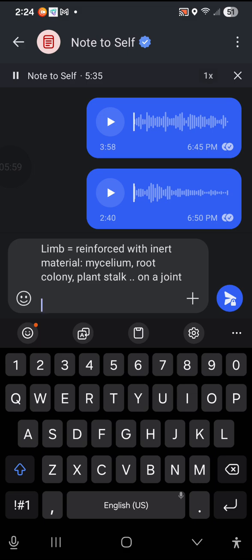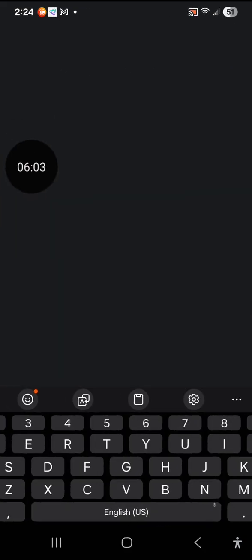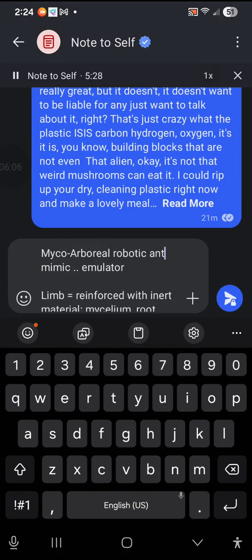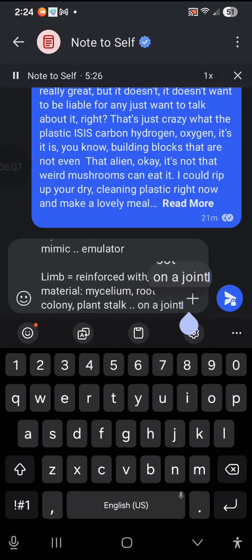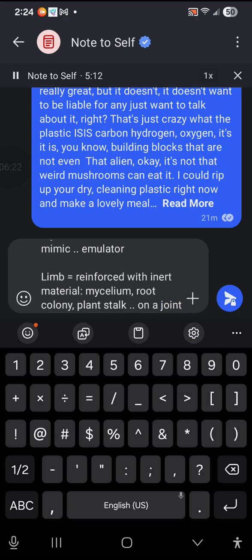And so the tree is rooted in the mycelium, and the mycelium is wrapped up in something tightly. And at the point where it moves, at the joint where it swivels, there's nothing growing there, so it's not cracking or bending anything.